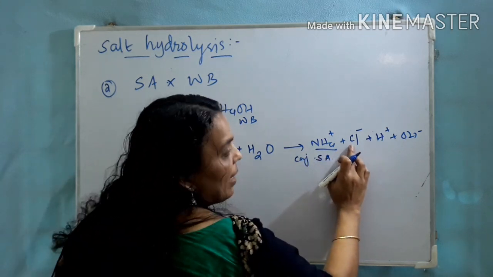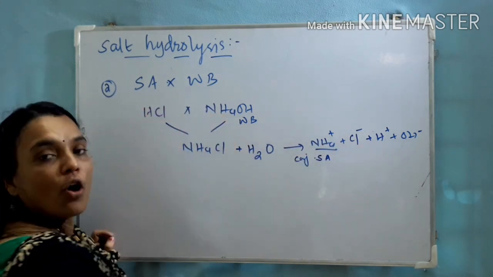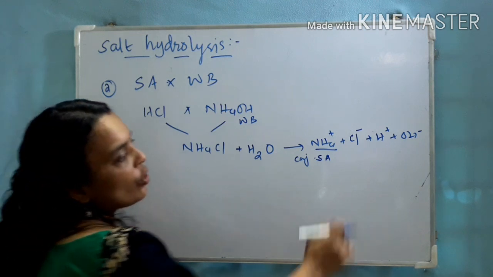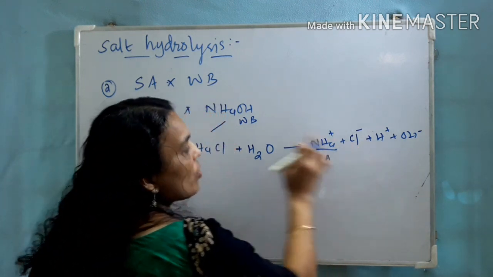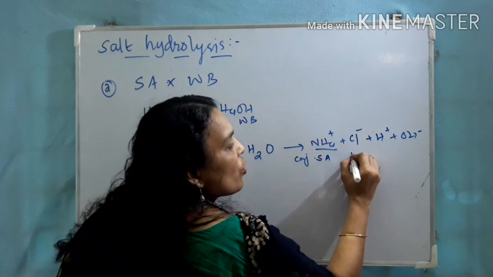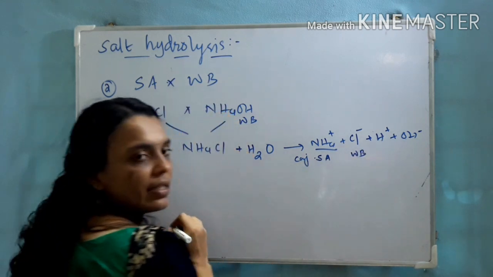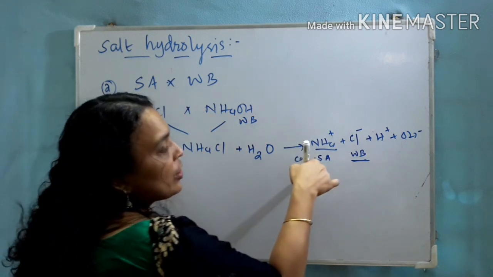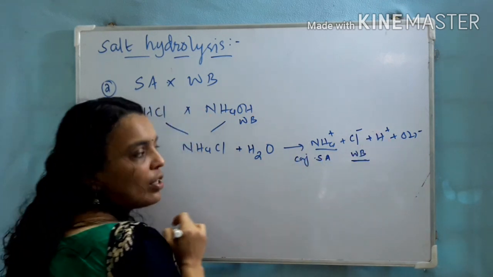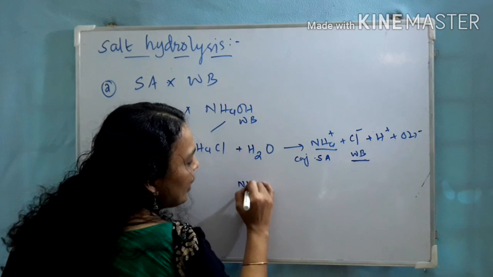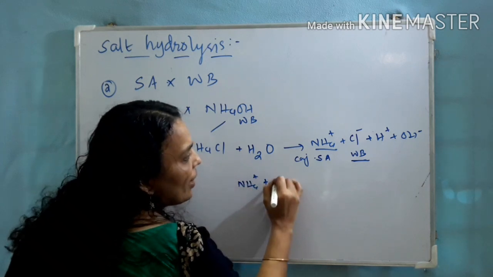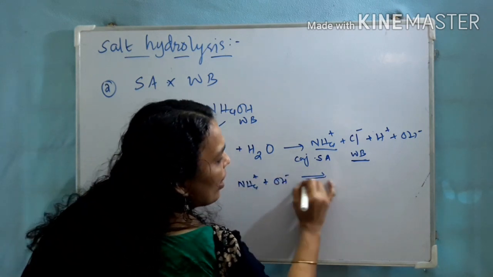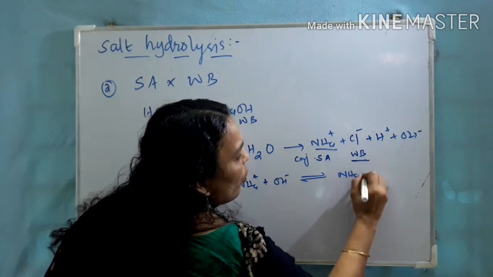Similarly, Cl- comes from a strong acid HCl, so it is the conjugate base of a strong acid, so it is a weak base. So remember, a weak base never undergoes hydrolysis; the strong acid can undergo hydrolysis. So here NH4+ combines with OH- to form NH4OH.